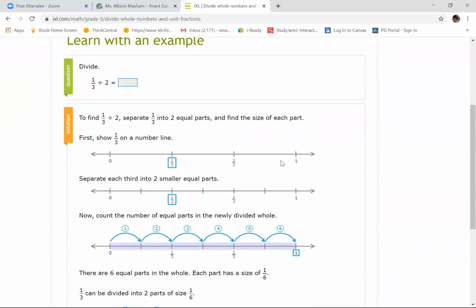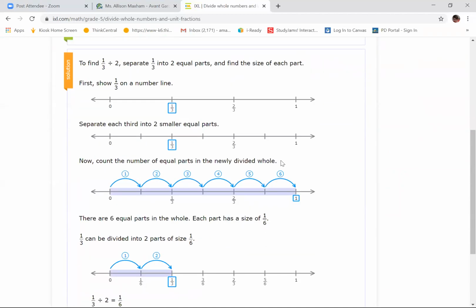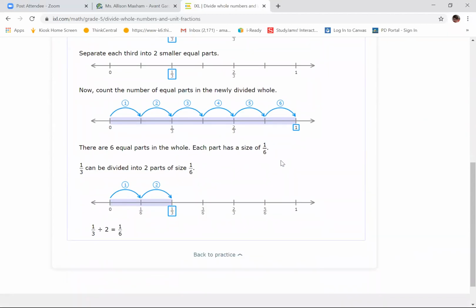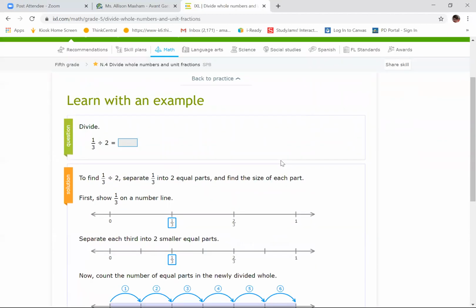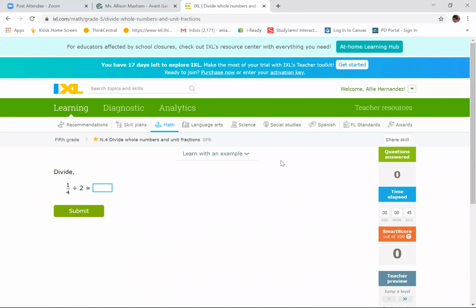To find 1/3 divided by 2, separate 1/3 into 2 equal parts. Because what did they do? They divided it into 2 parts, just like I did with the pizza slice, right? We had 1/3 of a pizza and I cut it in half. Here, they're taking 1/3 and cutting it in half. And you're getting 1, 2 jumps. That's yet another way to do it.